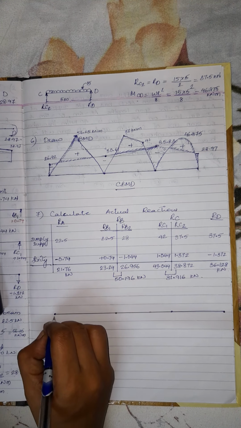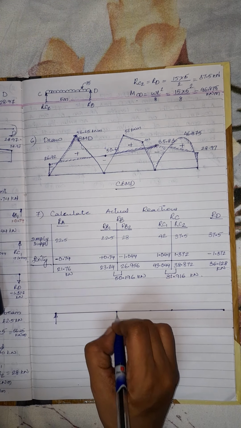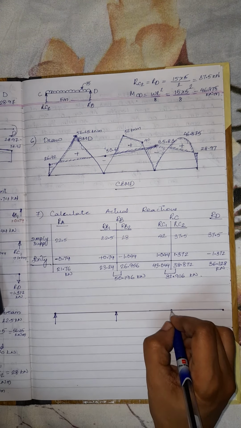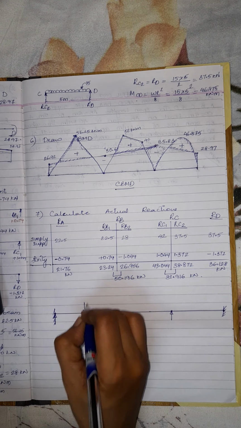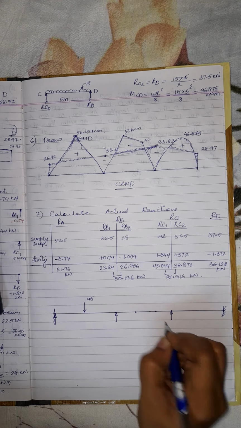Before that, I will draw the given case. There is 45 here, there is 35 here, 35 here as well. Then there is a UDL of what value do we have here?